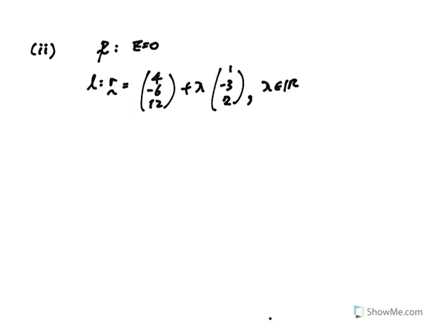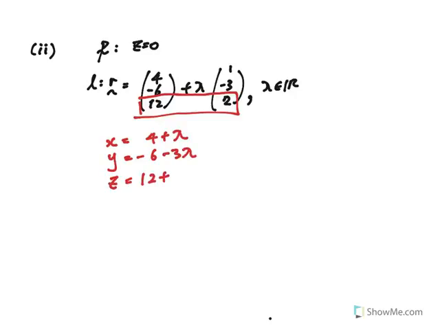If we compare our equations, since z equals 0, we can use our third equation. If you break this out again, we have x equals 4 plus lambda, y equals negative 6, just like earlier on, and z equals 12 plus 2 lambda.